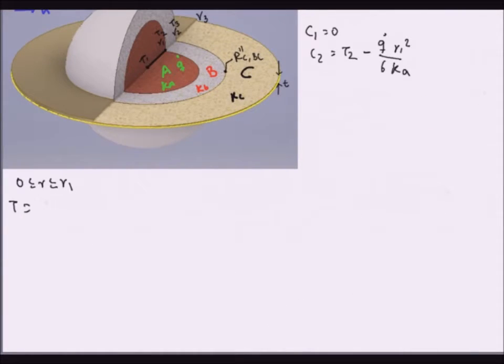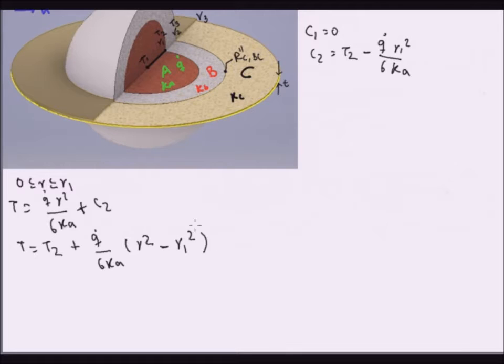Let's continue on this new tab. So we had, let's plug in our integration constant. We had that T was equal to Q times r squared over 6KA plus C2, right? And plugging it in and taking a common factor of the Q and the 6KA, we end up with T equals T2 plus Q over 6KA times r squared minus R1 squared.